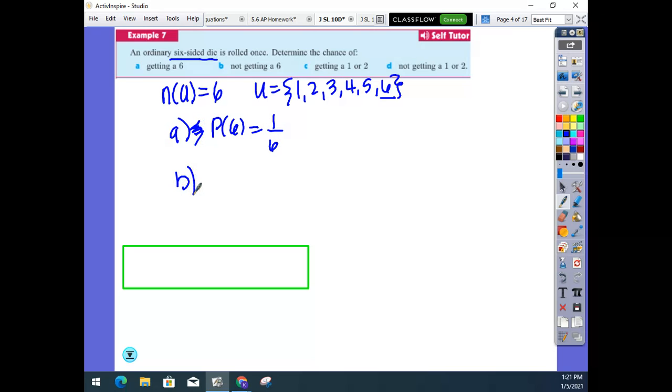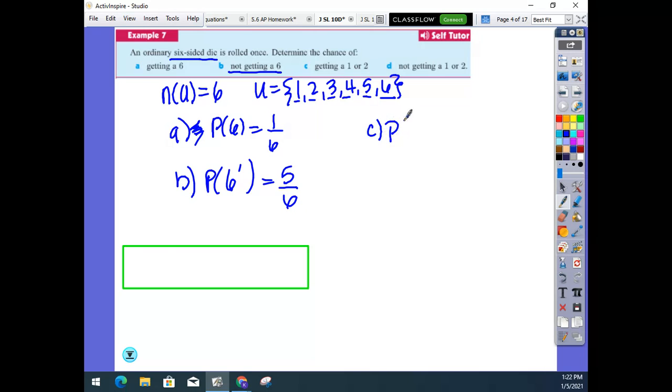Letter B, not getting a 6. So I'm going to write not 6. Which ones are not 6s? We have 1, 2, 3, 4, 5 out of the 6, which means we're not going to have a 6. Probability of a 1 or a 2.